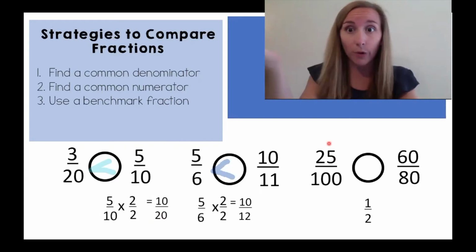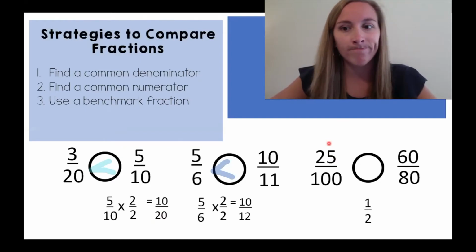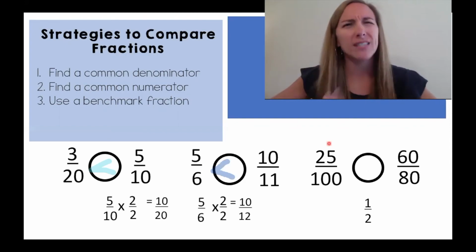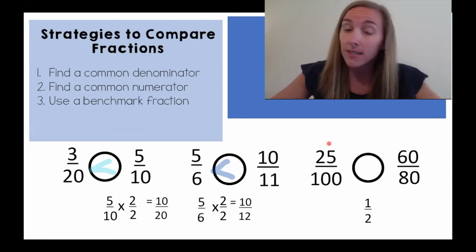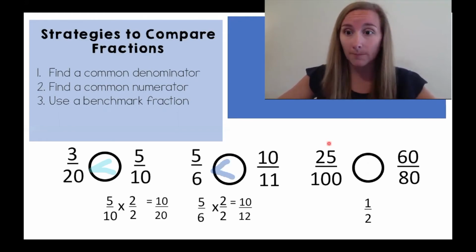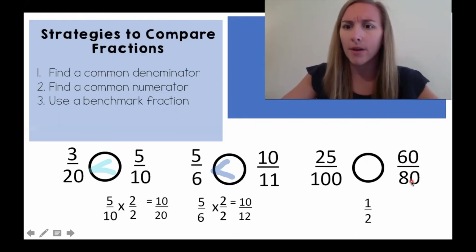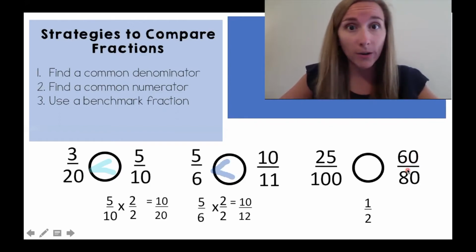So 25 over 100 has to be less than 1/2. What about 60 over 80? Well, 80 is super easy to think about. What's half of 80 or half of 8? Can you think? Half of 80 has to be 40. So 40 80ths would be 1/2. So 60 80ths have to be greater than 1/2.